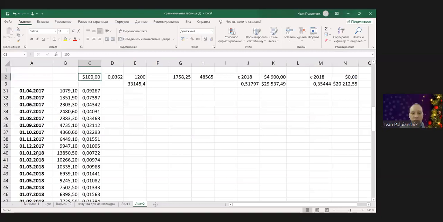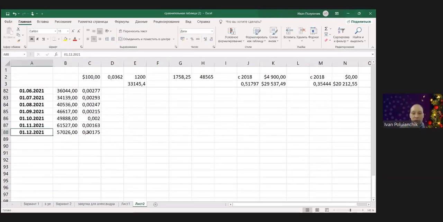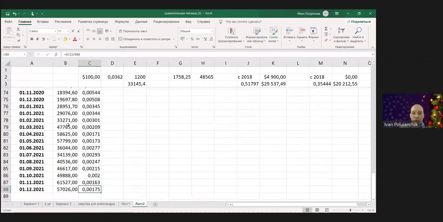So if a person started buying it on the 1st of January 2018, $100 worth of Bitcoin every month, you see it says the exchange rate was $13,850. And if they bought $100, this is how many Bitcoins they would have bought, like 0.00 something.